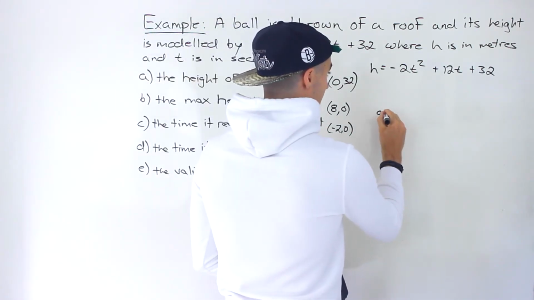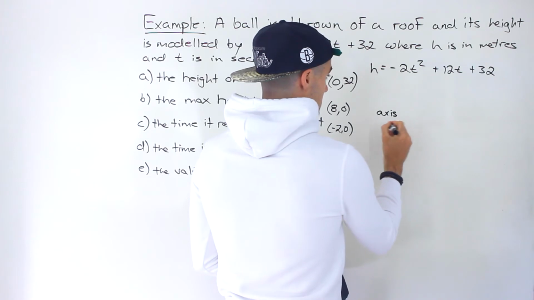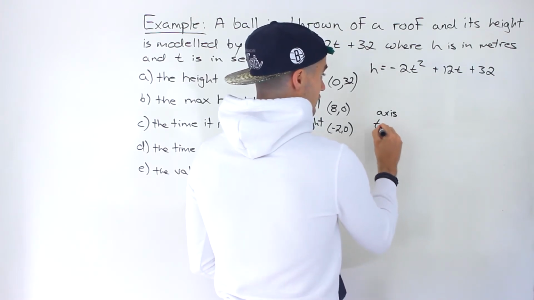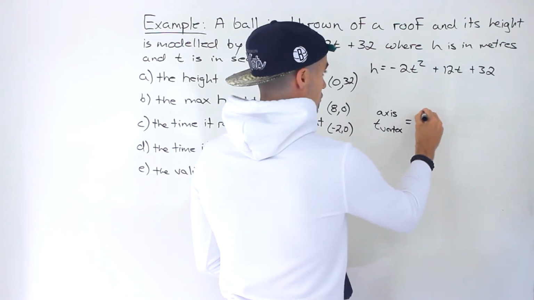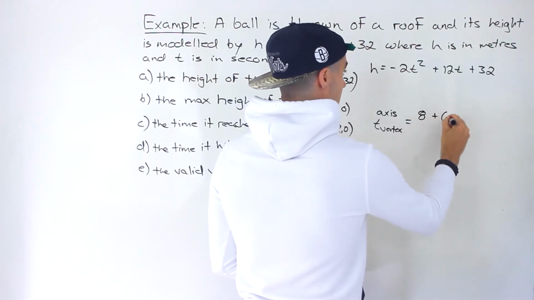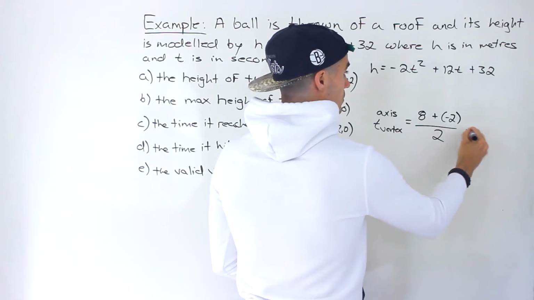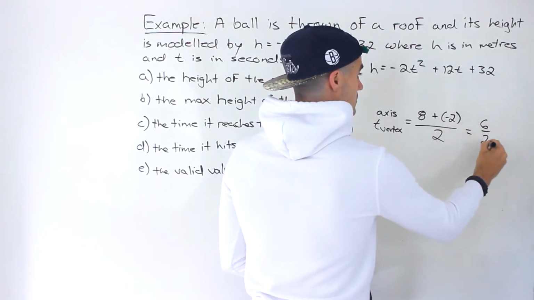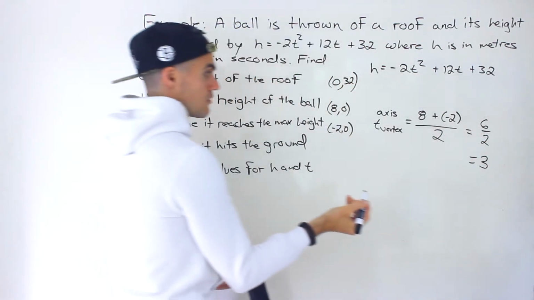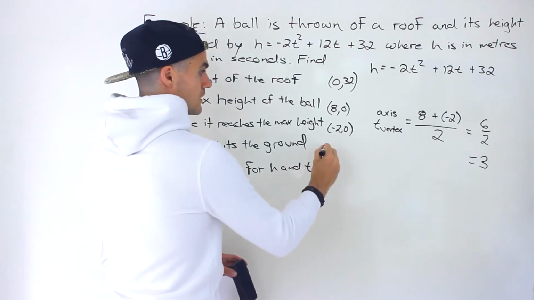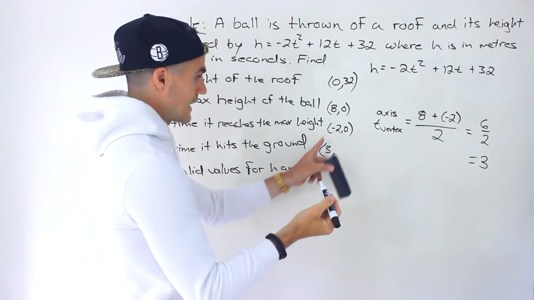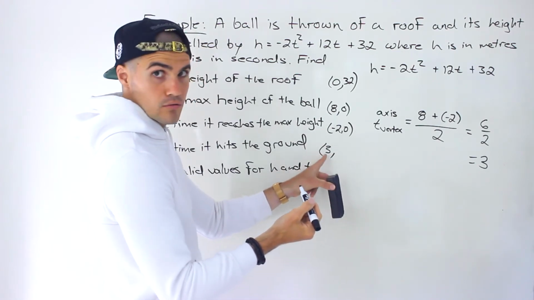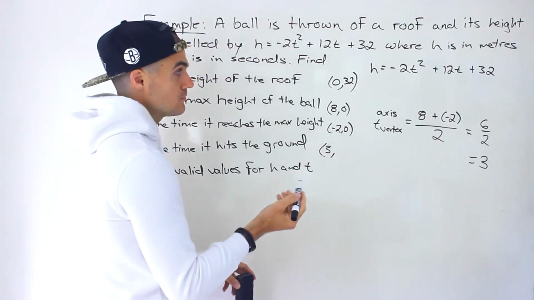So we can say the axis of symmetry, in this case the t value of the vertex, is going to be the two intercepts added together divided by 2. This would be 6, divided by 2, which would give us 3. Right, so we end up with a 3. So that's going to be the axis of symmetry, or the t value of the vertex.